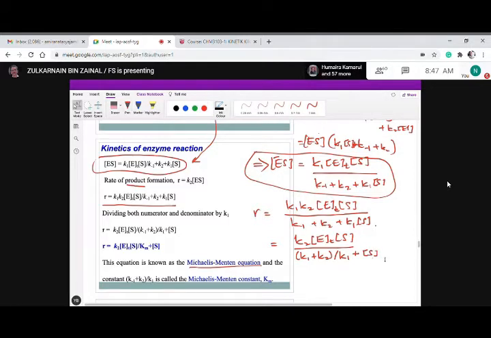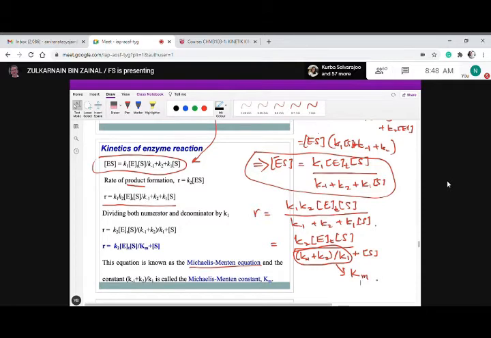Okay. So as you can see from here, you have this part, which is constant. So this is actually Km.